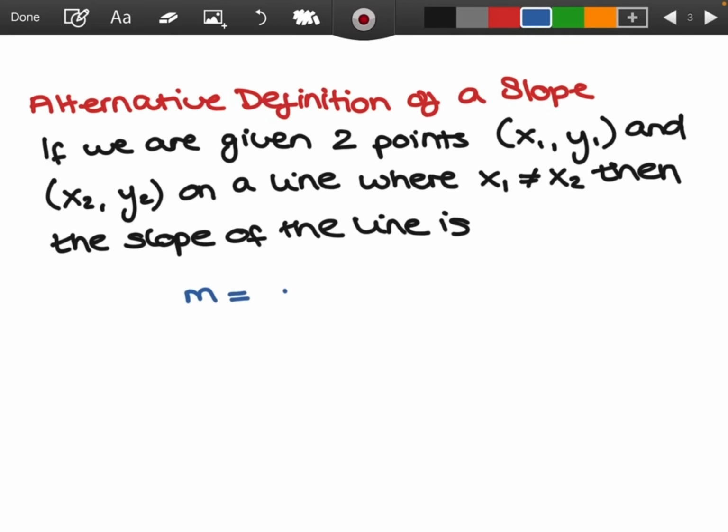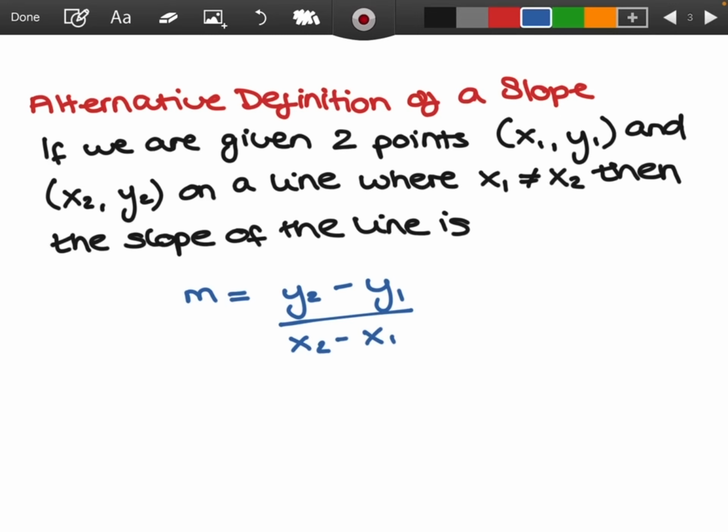Again, we're going to call that slope m, and it's going to be y sub 2 minus y sub 1 divided by x sub 2 minus x sub 1. You can see from this formula why it wouldn't work if both of those x coordinates were the same, because then x sub 2 minus x sub 1 would be 0. You would be dividing by 0, which obviously isn't allowed in mathematics.